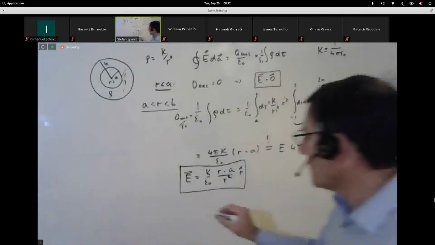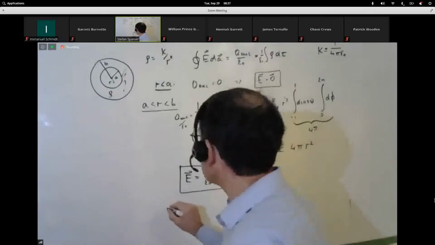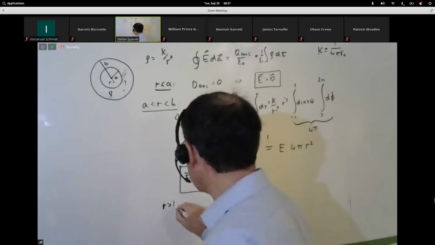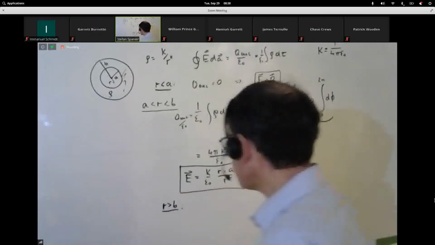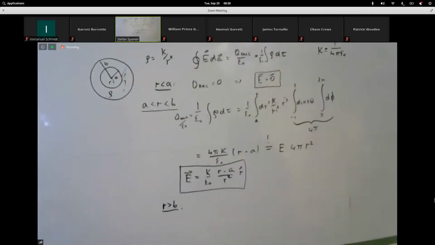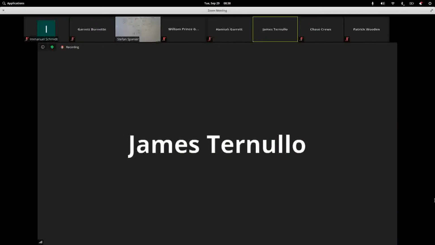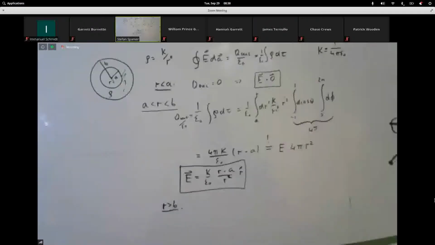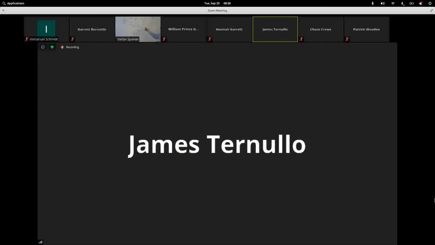And then the last region, r greater than b. Do I have to actually step through the full calculation again? What changes? Instead of r minus a, you get b minus a. Because all of the charges are contained between a and b, so your integration boundaries would be from a to b.